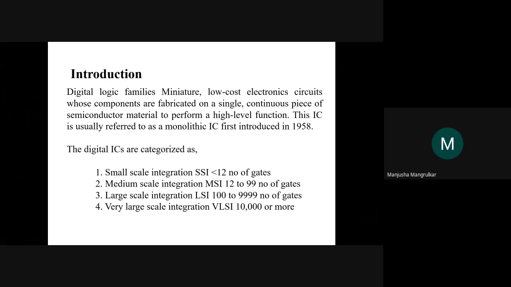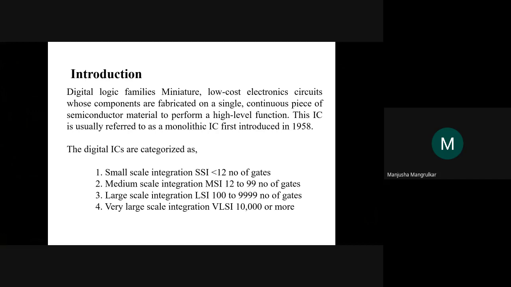These digital ICs are categorized into small scale integration, that is called SSI, with less than 12 gates integrated inside. Medium scale integration has 12 to 100 gates, meaning 99 gates, right?